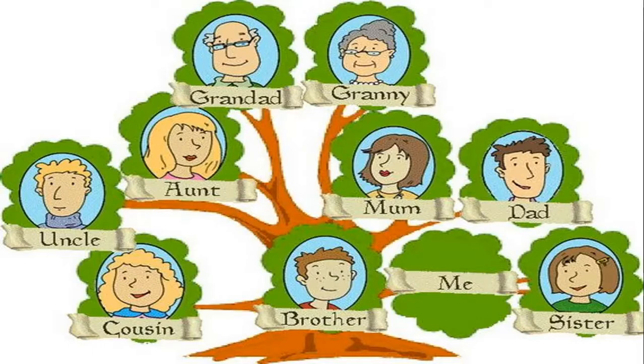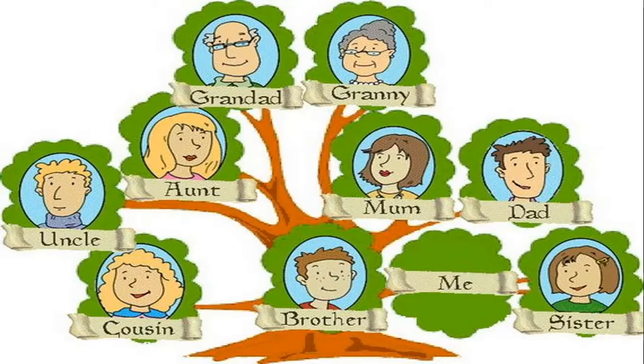You also have your uncles and your aunts, that is your father's brother, your father's sister, your mother's brother, mother's sister, and then you have your cousins. Cousins means the children of your uncle and your aunt. And finally, you have your brother and your sister. All these people together, children, make up the family.